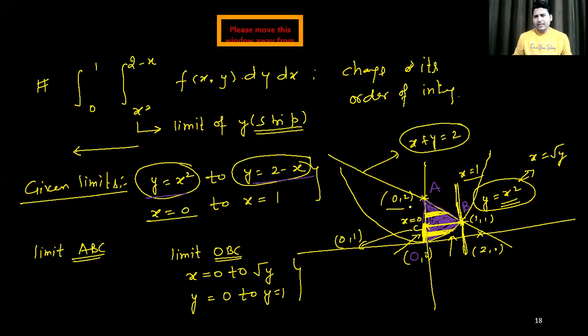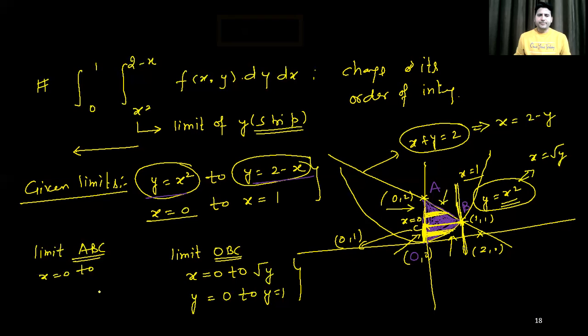Once again, the strip is started over here on the line, which is x equals 0. Terminated on this line, the AB line, and its equation is x plus y equals 2. So what will be the x from here? 2 minus y. x will be 0 to 2 minus y.